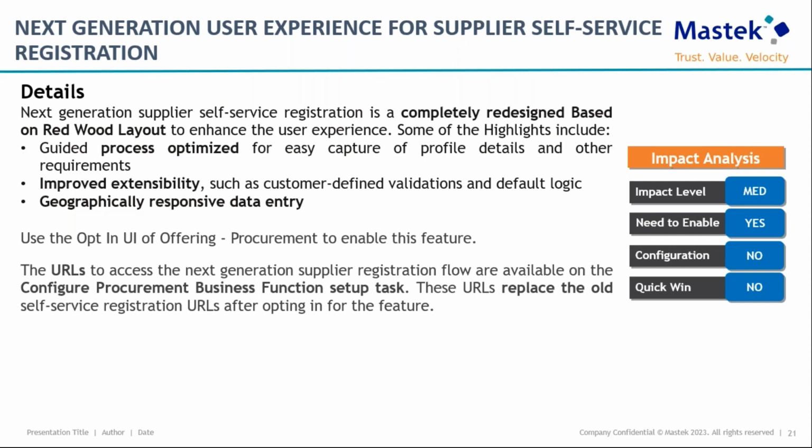Some of the highlights include that it will have a guided process optimized for easy capturing of all the profile details. It will have improved extensibility and geographically responsive data entry. This URL will be available to us in the configure procurement business function task, and this will replace the old URLs that we already had.